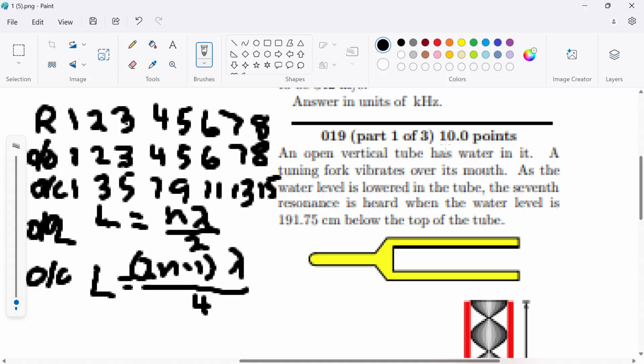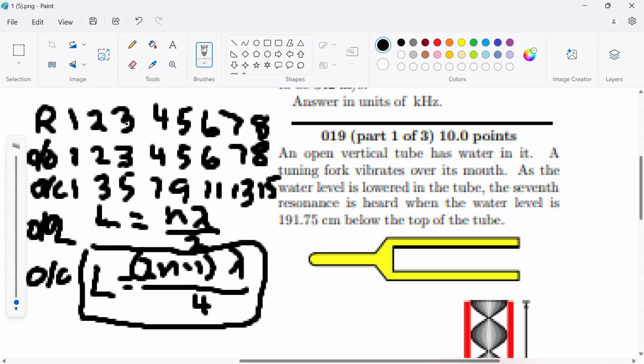You can look on YouTube to find a discussion of the reason for the 2 for an open and the 4 for an open closed. But anyway, this is an open closed, so this is the formula that's going to be used. And that N is the resonance.